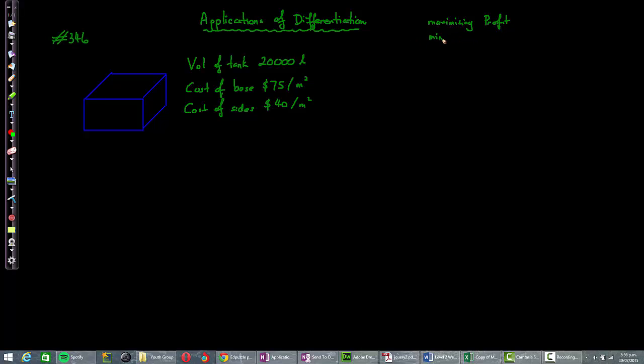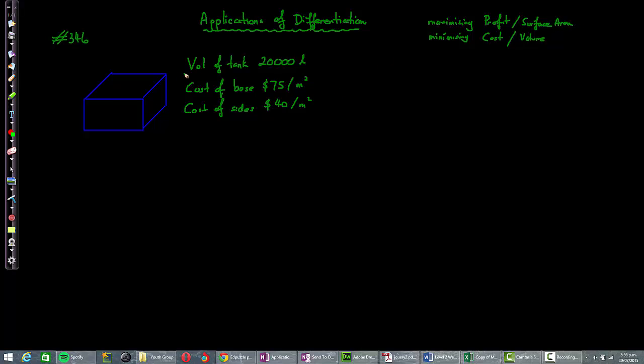Or an example of minimizing, which could be cost. That's the kind of context, not always, but quite often. Or another minimizing thing: we could be making some packaging, so we might want to minimize the volume, or we might want to maximize the volume, or we could be trying to maximize the surface area of something.